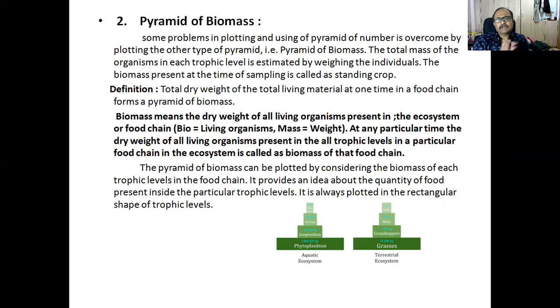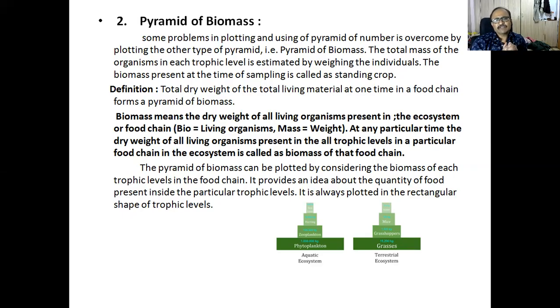Okay, but the total dry weight of total living material, meaning living organisms, at one time हमें वो एक ही टाइम पे लेना है. ये तो आज हमने प्लांट्स ड्राई किए, कल एनिमल ड्राई किए, ऐसा नहीं है. चारों भी ट्रॉपिक लेवल के हमने एक समय पे, एट वन टाइम, when we take the dry weight of all organisms, it gives the biomass.